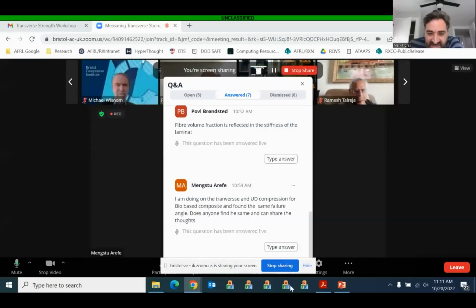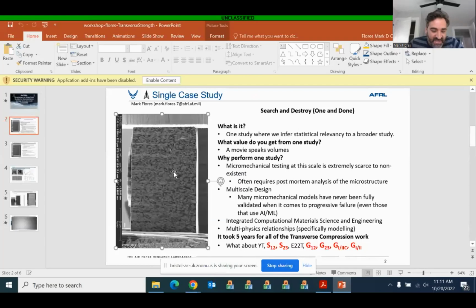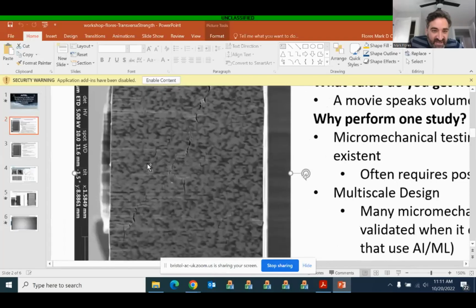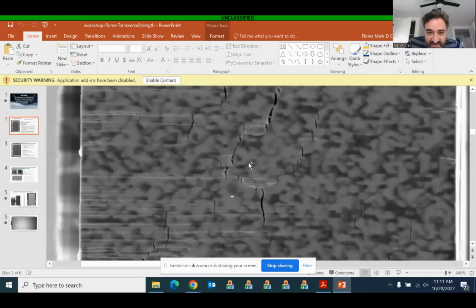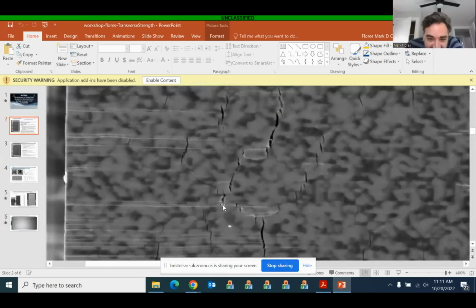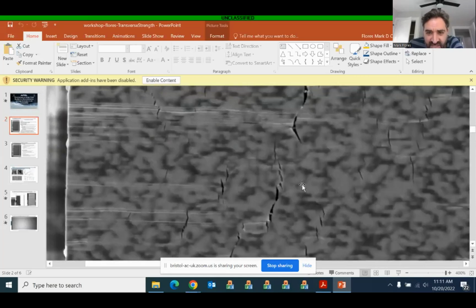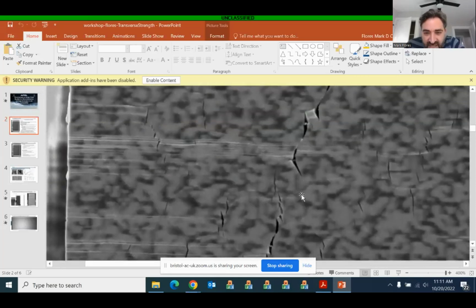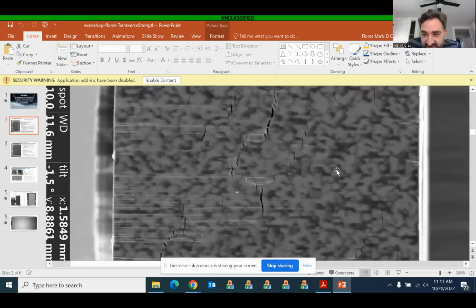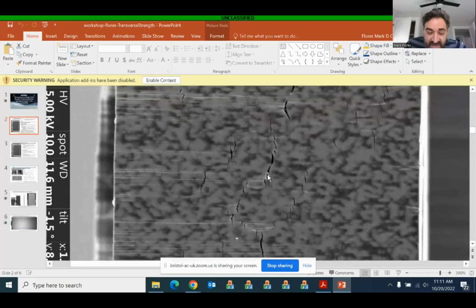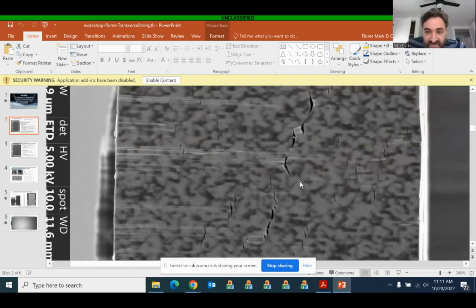This does not do a lot of justice, but what we're finding in these transverse compression experiments is that you see a lot of these vertical cracks in the matrix as you begin to apply the load. So what's happening is you have the debonds and you have vertical matrix cracks. So it all depends on the distribution of fibers.